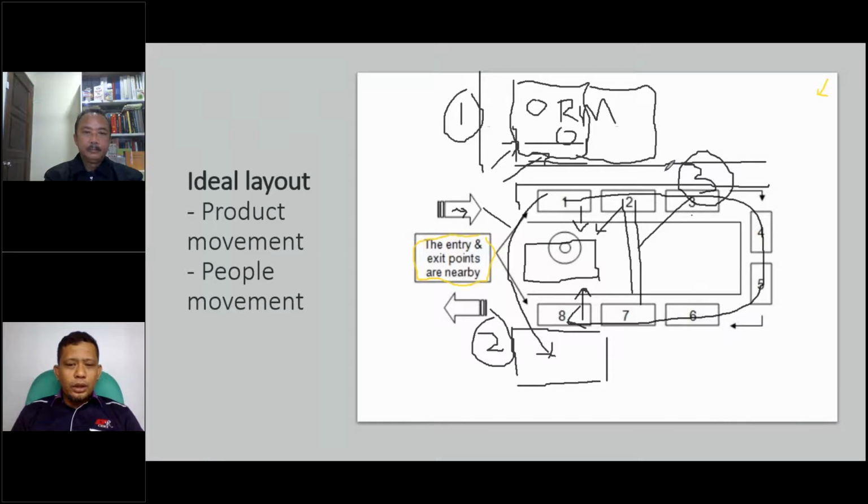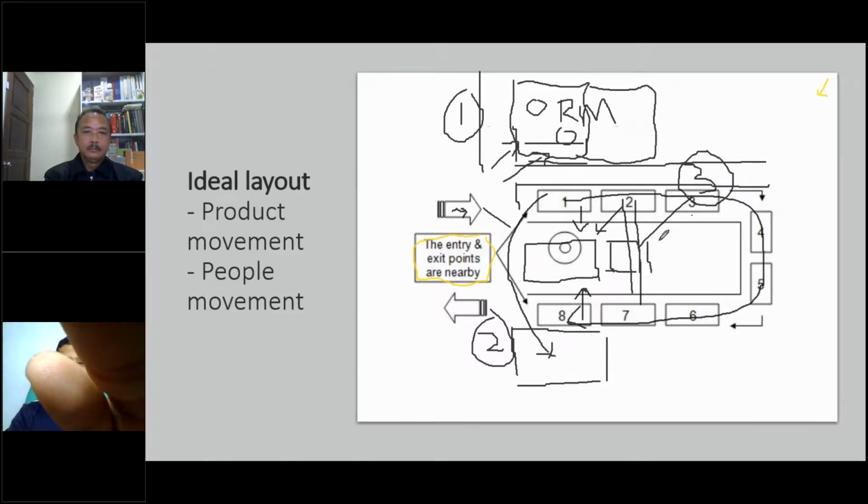Okay. So how about the people? If we identify, we put our workshop in the middle. We put the canteen in the middle. We put the changing room maybe here when they start. So when people enter, of course there's a zebra crossing. If there is an overhead bridge, it's better.